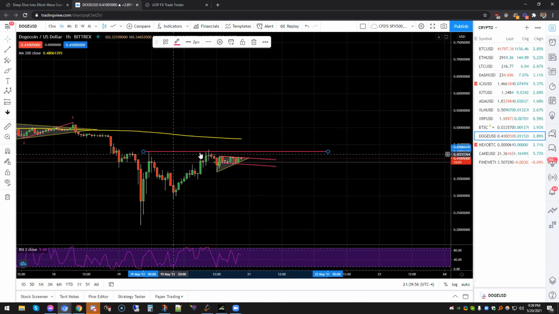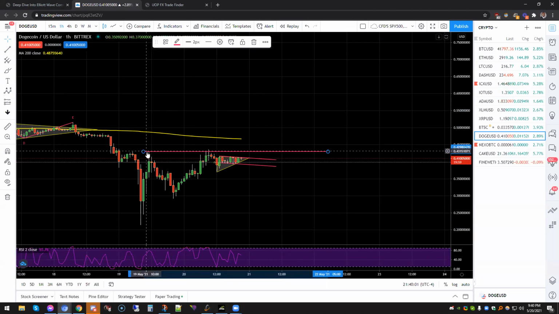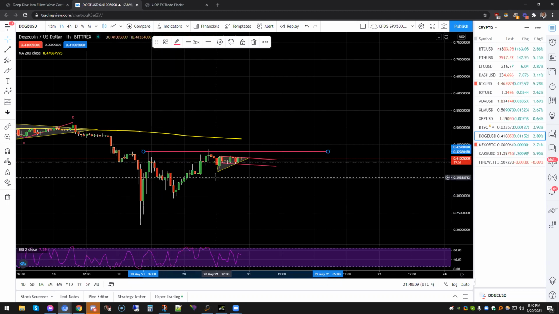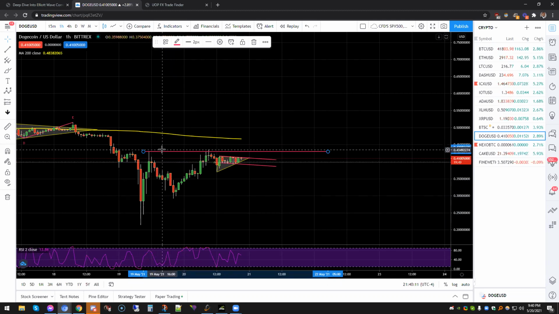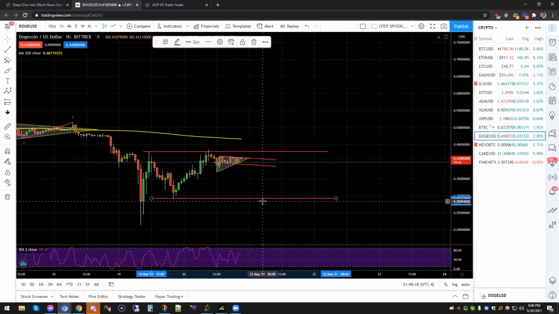So if this is my high and down here is my low, when price came up, made the high, we made a higher low. With us making a higher low, then retesting the previous high, I would look at this and project this line to the downside like that.